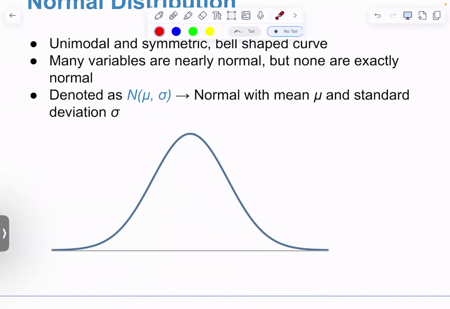Some notation that we use is this little guy. And usually what we do is we say that some random variable X, for example, heights of US adults.